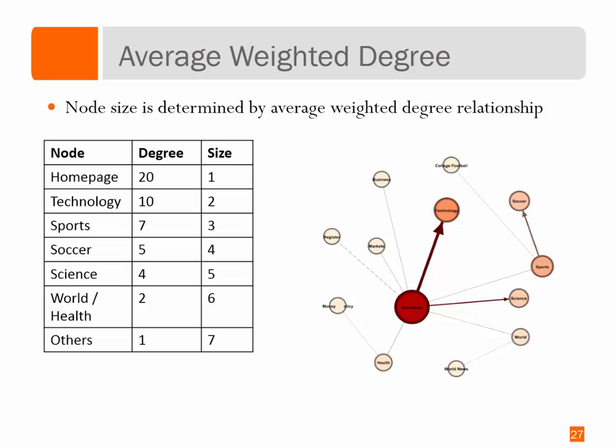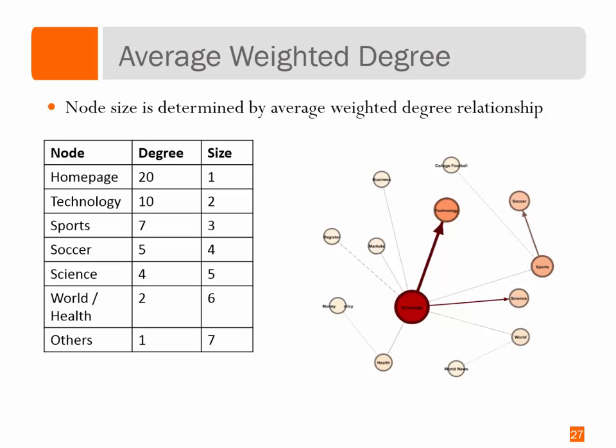But here with average weighted degree, we include the number or weight of the relationships. We will notice that there's a quite a bit stronger relationship between the home page and the technology page, as there is a stronger relationship between the home page and the science page.